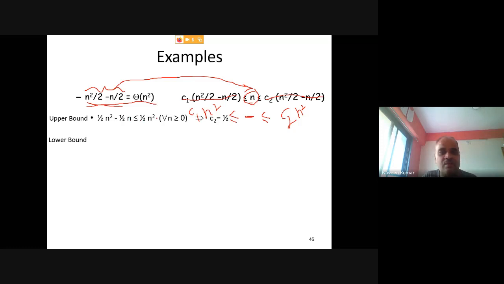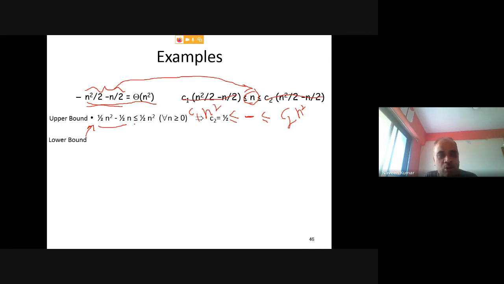So let us start with this, right? So you are trying to show, so it is basically the lower bound, right? This is the lower bound. So what you're trying to say is this. So start with this left hand side, right? n square divided by 2 minus n by 2. Start with here. So you need to find both bounds, right? So let us say you are trying to find the upper bound here, right?